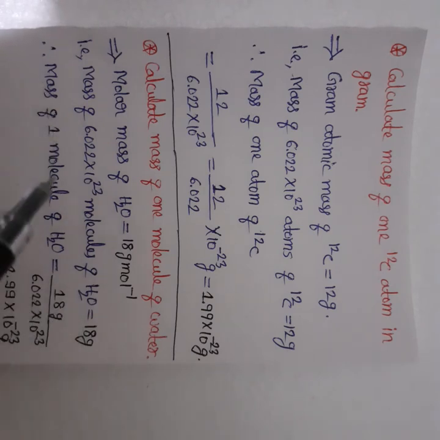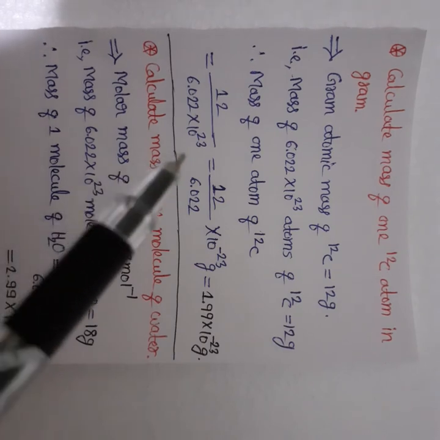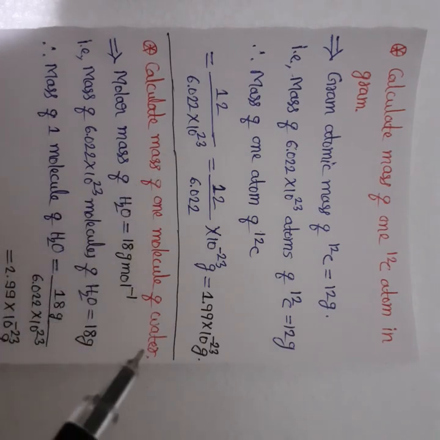Therefore, mass of one molecule of water is equal to 18 divided by Avogadro number. 18 gram divided by 6.022 into 10 to the power 23, which becomes equal to 2.99 into 10 to the power minus 23 gram. This is the mass of one molecule of water.